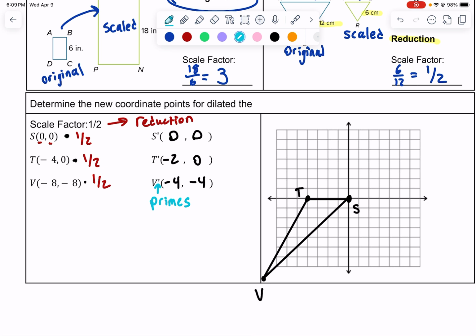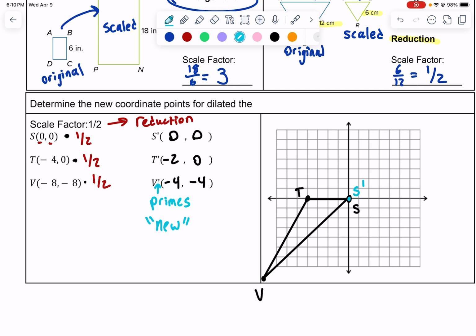What we're talking about here is primes when we're looking at a new shape. So prime in math just means new. And so we're going to be describing this new shape, and what we'll notice is that the first point actually stays on top, and we're going to relabel it with our S prime. You can just draw a new dot on top, and if you're using pencil, it's not going to look any different. And that's a-okay.